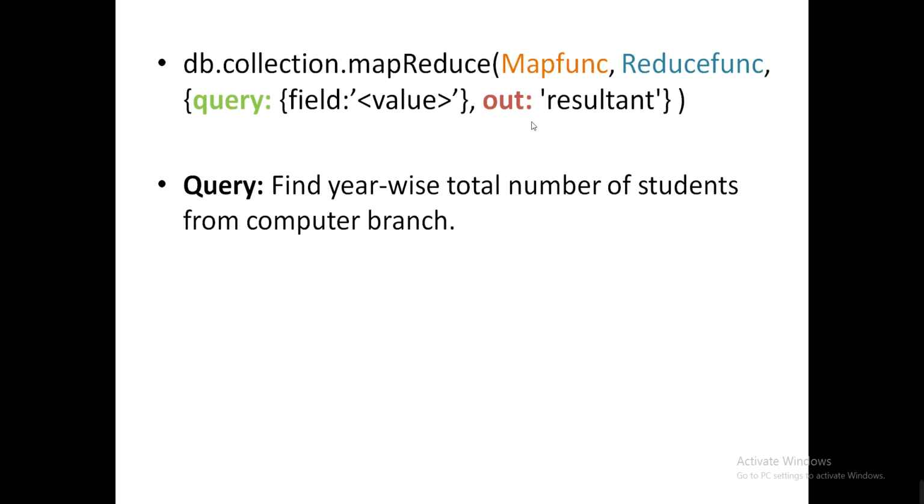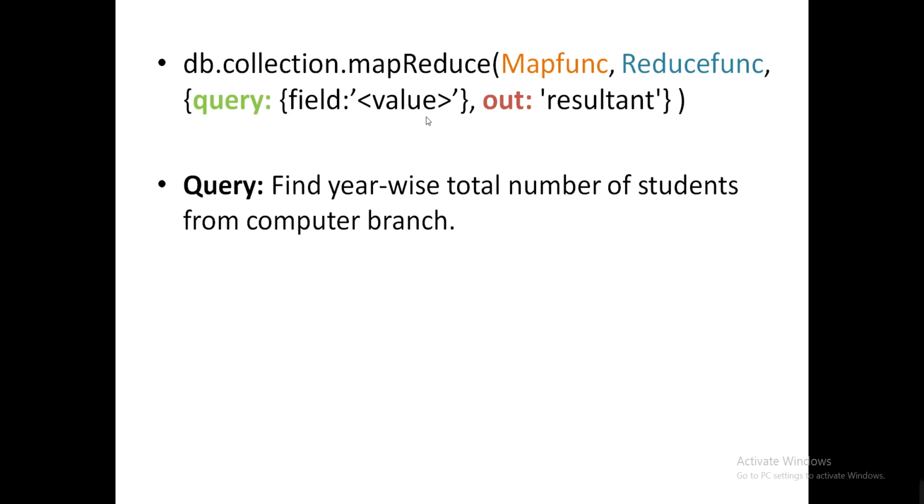Suppose we want to perform the MapReduce operation on some specific documents from our collection. The criteria which we want to apply on the given collection of documents is specified in the query field.